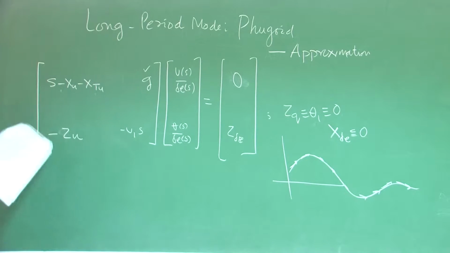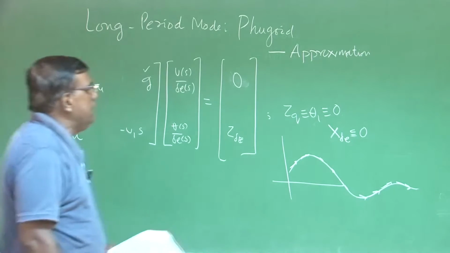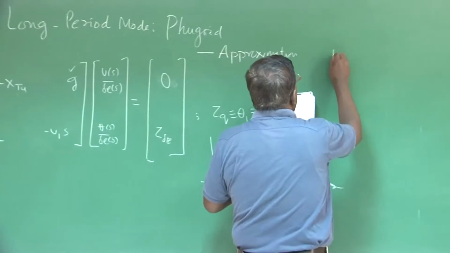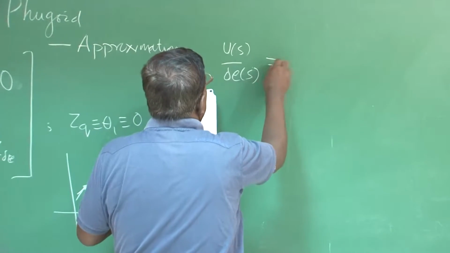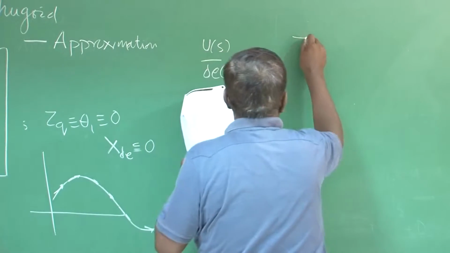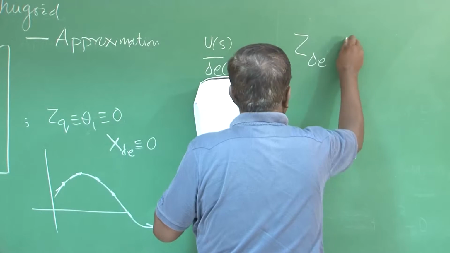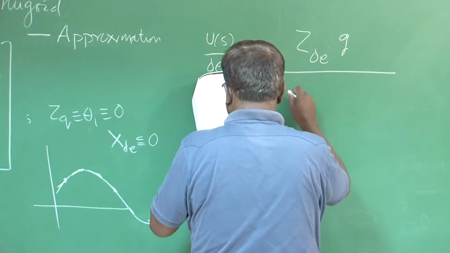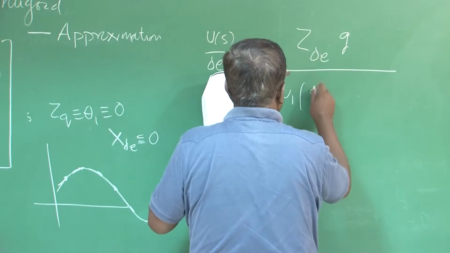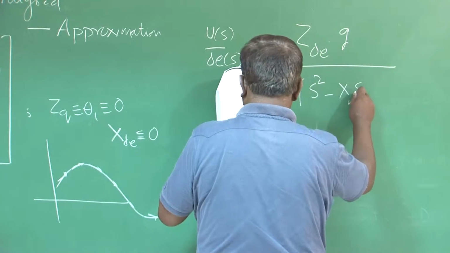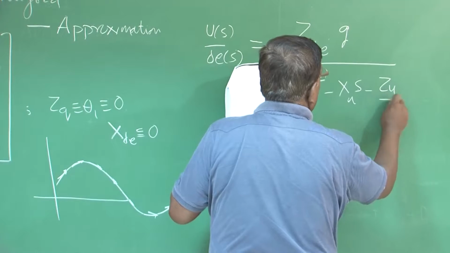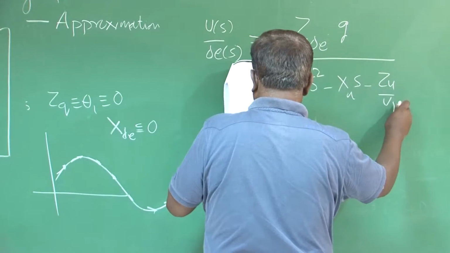Now let us handle this 2 by 2 matrix, and I can write u of s by delta u of s by using Cramer rule. This as z delta E into g divided by u1 s square minus x us minus zu by u1 into g.